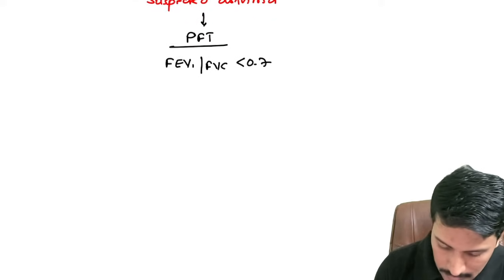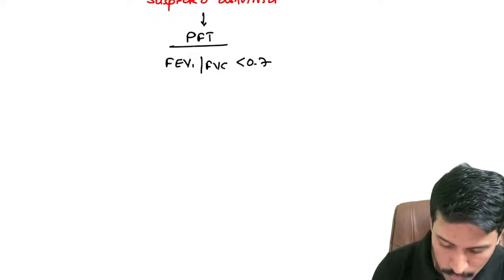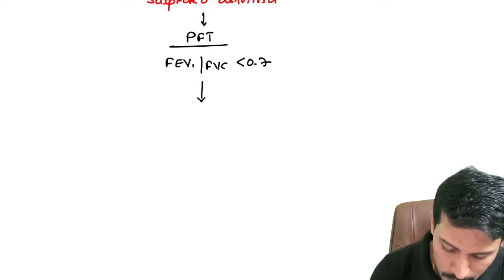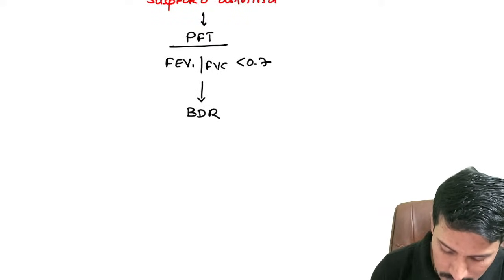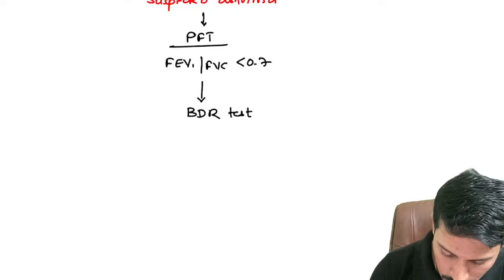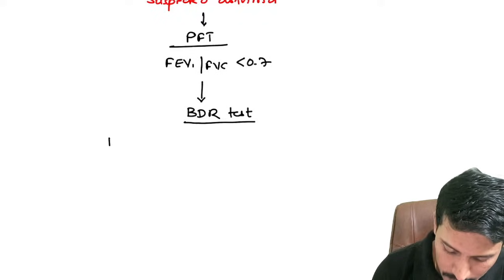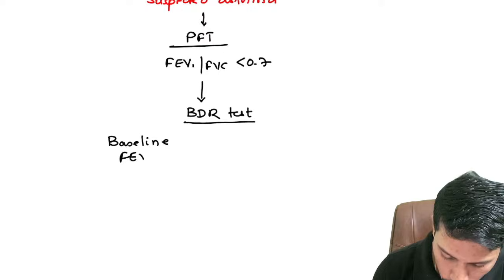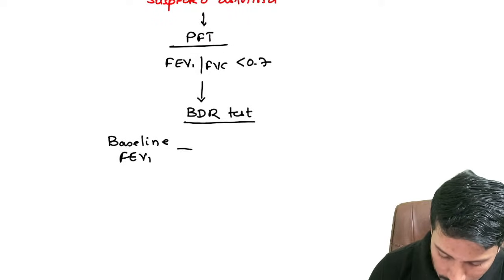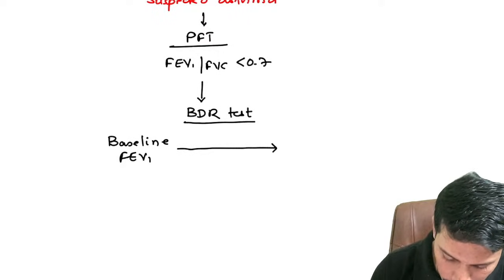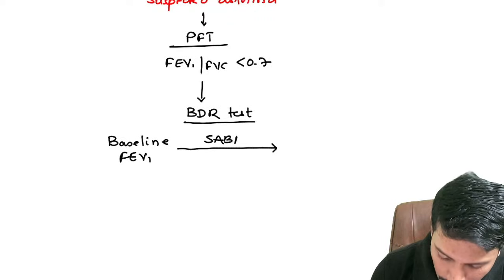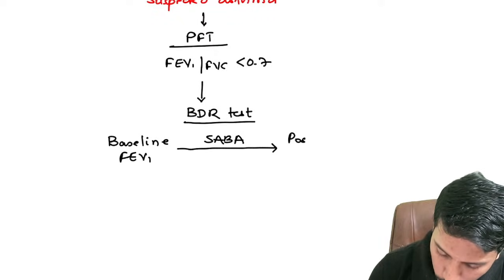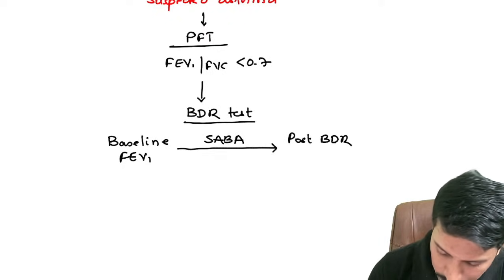And if it is less than 0.7, you know that it is obstruction. So then you go for the bronchodilator reversibility test. So what do we do in the bronchodilator reversibility test? We have the patient's baseline FEV1 value known to us. And after that, we administer a short acting beta agonist, and we check the post bronchodilator FEV1.